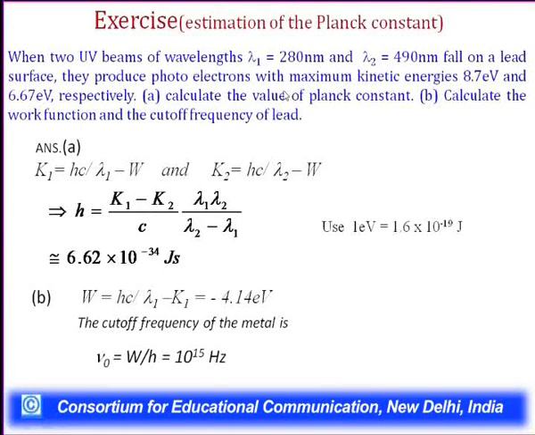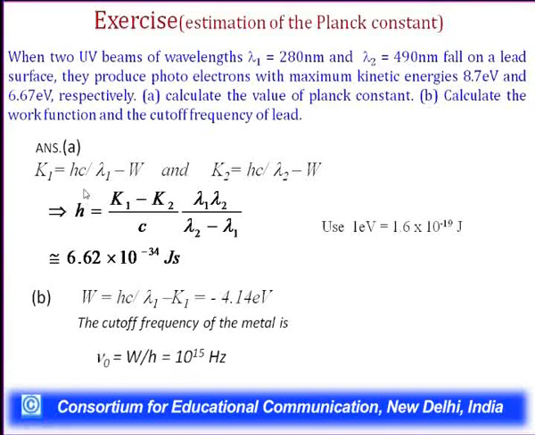They produce photoelectrons with maximum kinetic energy 8.7 electron volt and 6.67 electron volt respectively. Calculate the value of Planck's constant, and in the second part calculate the work function and the cutoff frequency of lead.